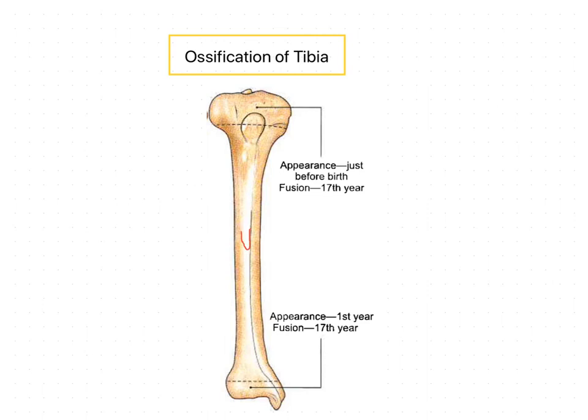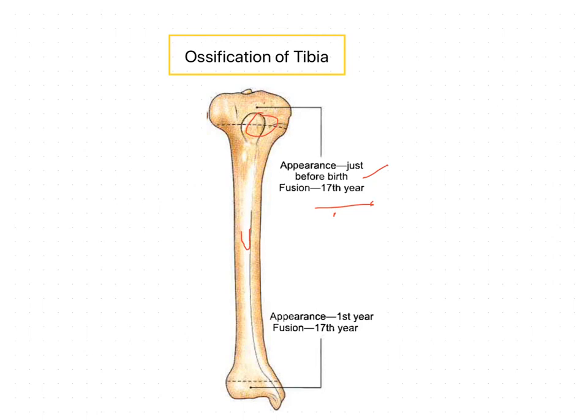A secondary center for the upper end appears just before birth and fuses with the shaft between 16 to 18 years, so on average we can take the 17th year. The upper epiphysis is prolonged downwards to form the tibial tuberosity.